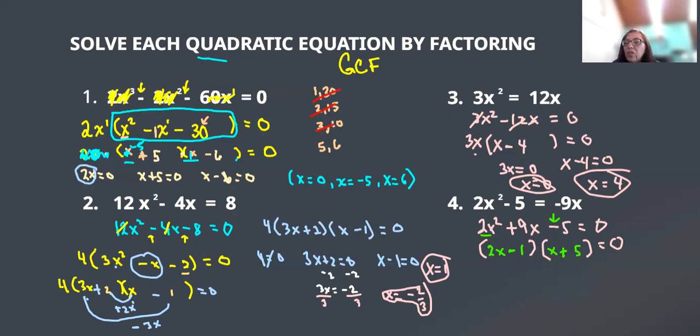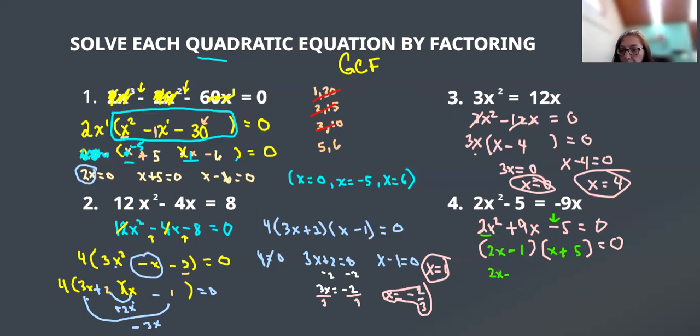Now, when we look at this equation, it's the quantity 2x minus 1 times the quantity x plus 5. So if either of those are 0, 0 times anything will be 0. So we want to know, when will 2x minus 5, or excuse me, 2x minus 1, when will that equal 0?